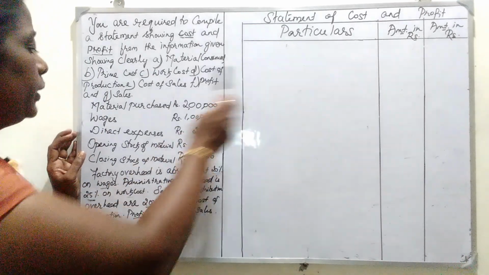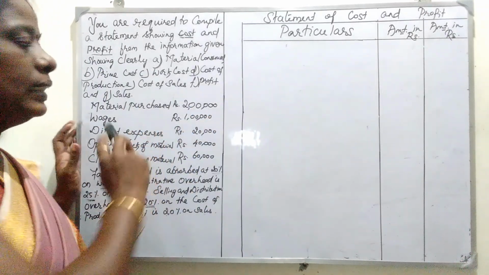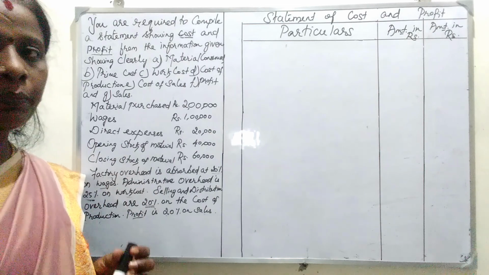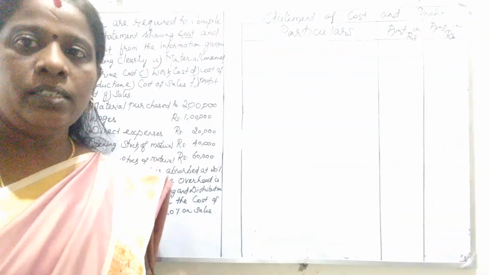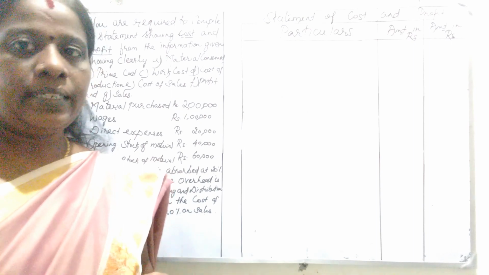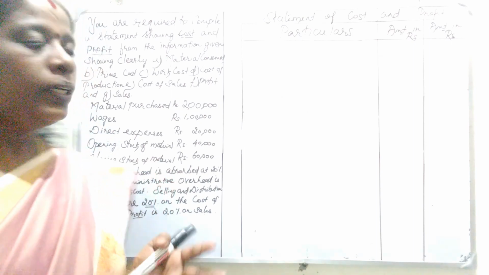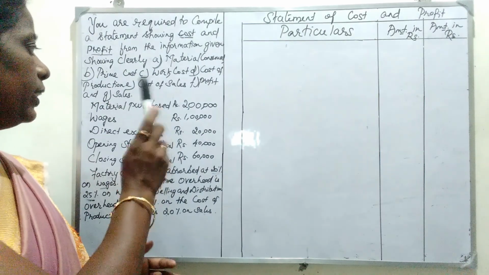According to the cost sheet procedure, first we have to find the prime cost. Prime cost is the aggregate of direct material, direct labor and direct expenses. So first we have to find the prime cost.